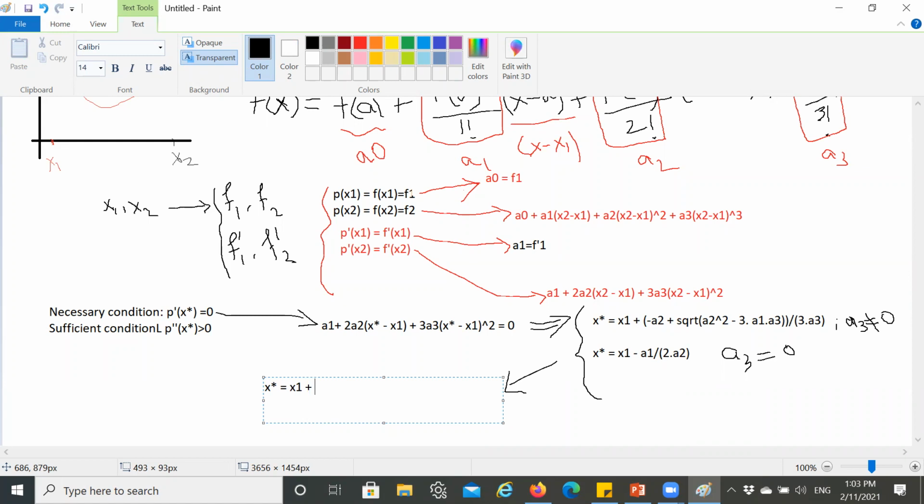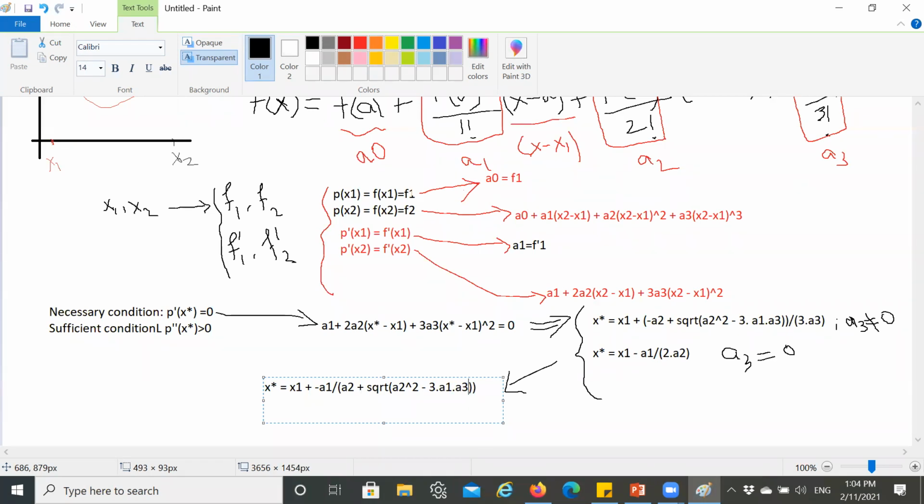X1 plus minus A1 divided by A2 plus square root of A2 to the power 2 minus 3 times A1 times A3. So this is inside the square root, right?